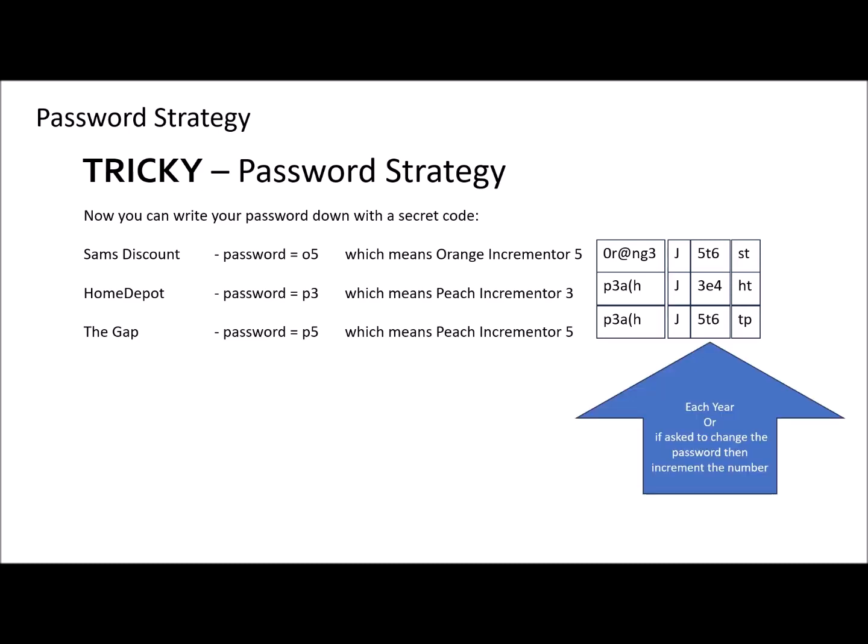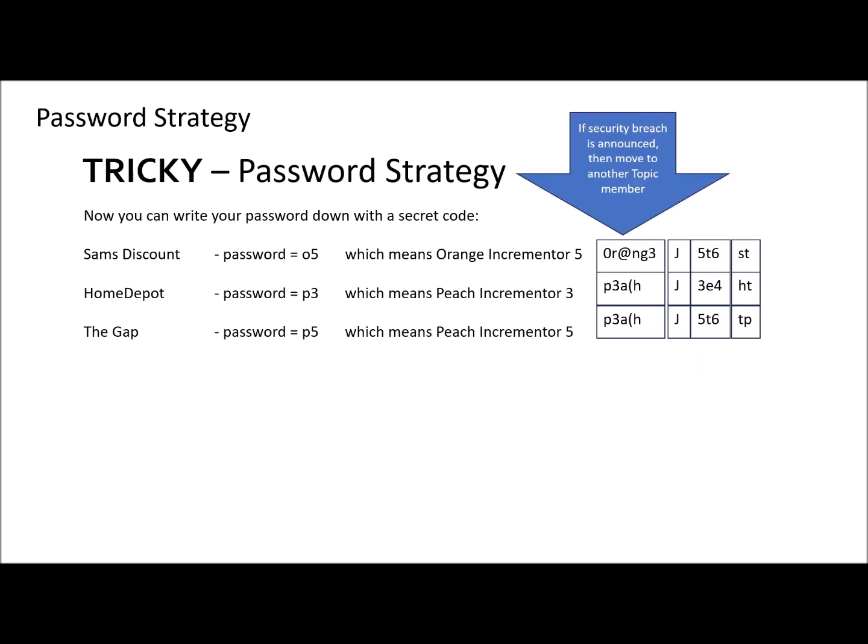And then, like I was saying earlier, each year or every 3 months, if you're asked to change the password, all you have to do is increment the incrementer. It rolls up the keyboard path and it becomes a whole new password, especially if it's encrypted or hashed, it's very hard to derive.